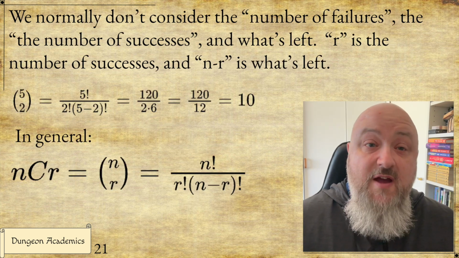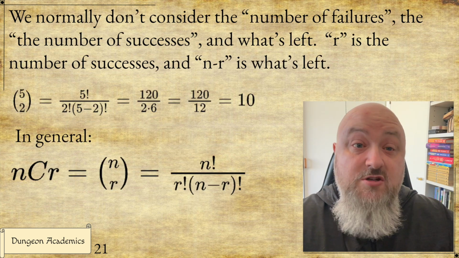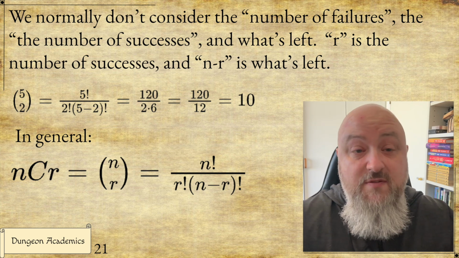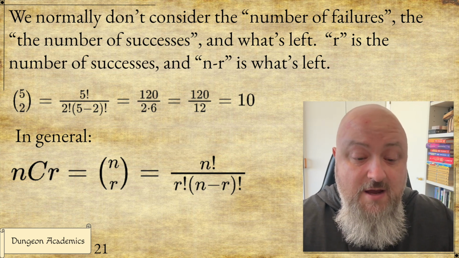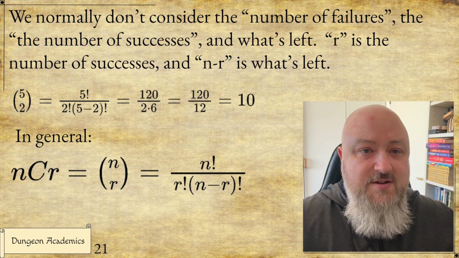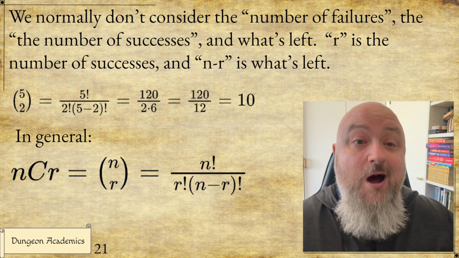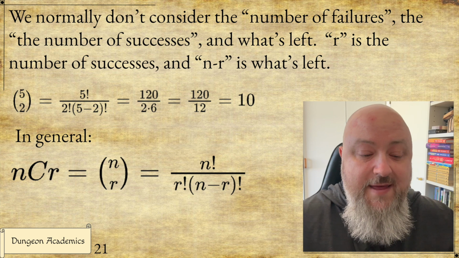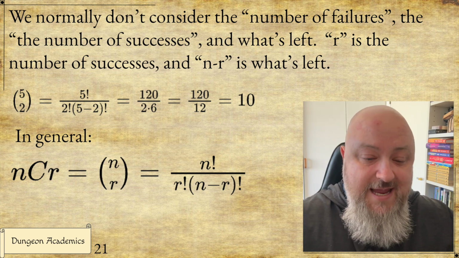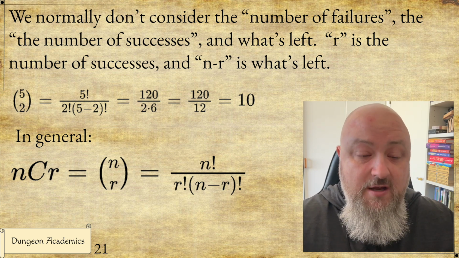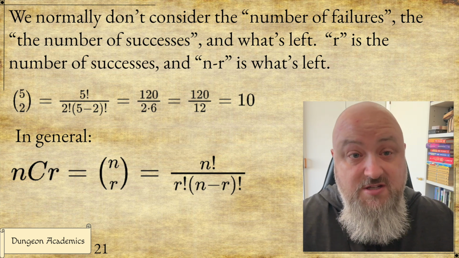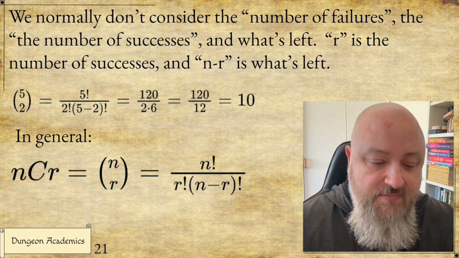In this case, 5 factorial is 120, 2 factorial is 2, 3 factorial is 6. That leaves us with 120 divided by 2 times 6, 120 divided by 12, and that is 10. There are 10 ways of arranging 5 events with 2 successes and 3 failures.